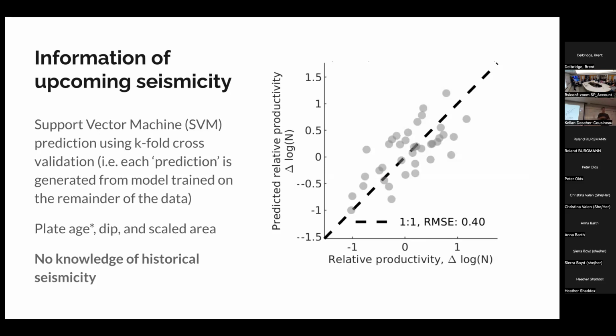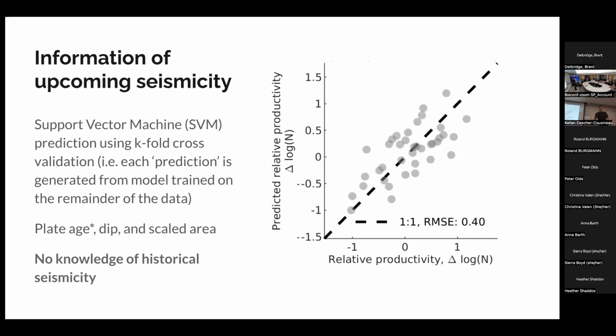Using those in a pretty crude machine learning model known as a support vector machine, we're able to regress those source attributes against predicted aftershock productivity. And the choice of a support vector machine allows for some nonlinearity in the data.